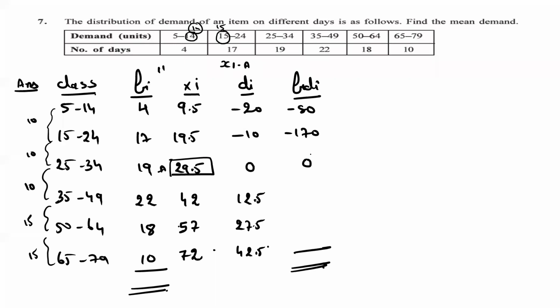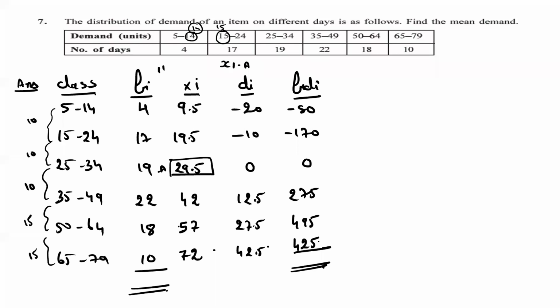Here comes 0. 22 into 12.5, 275. 18 into 27.5, 495. 10 into 42.5, 425. Yes. Now make the total and just deduction.